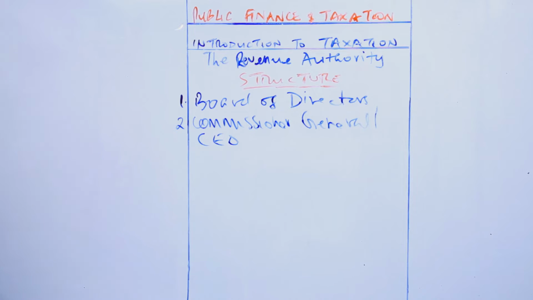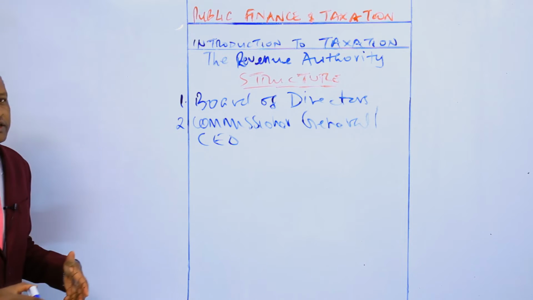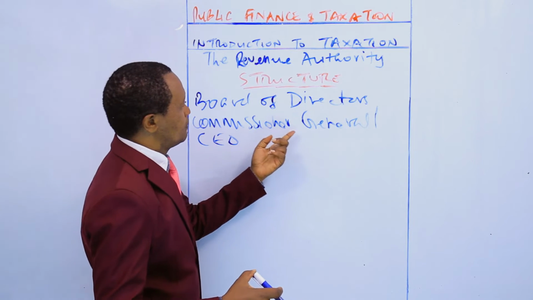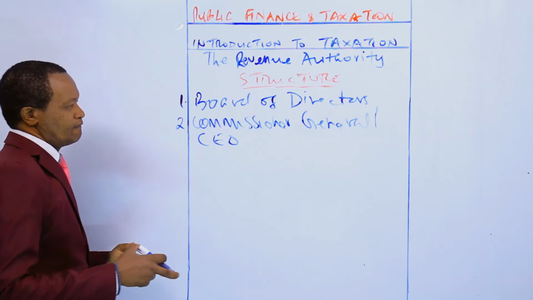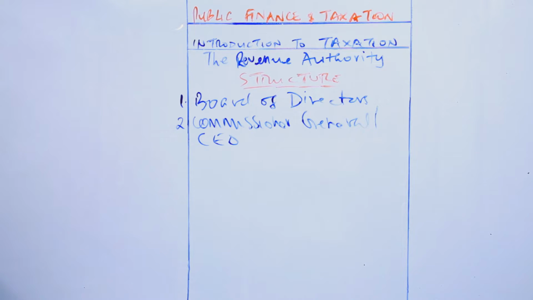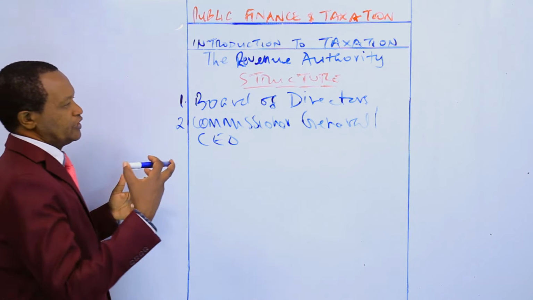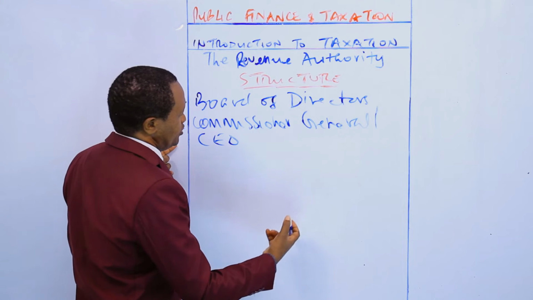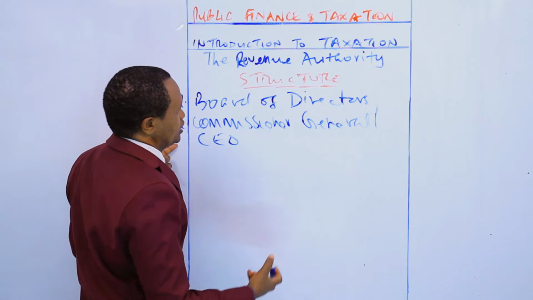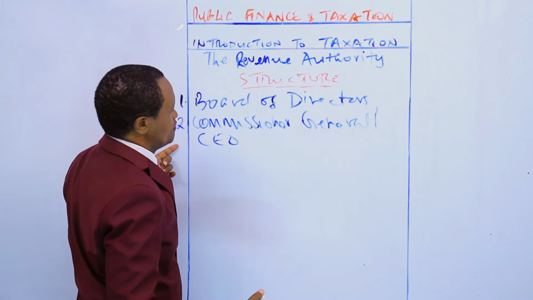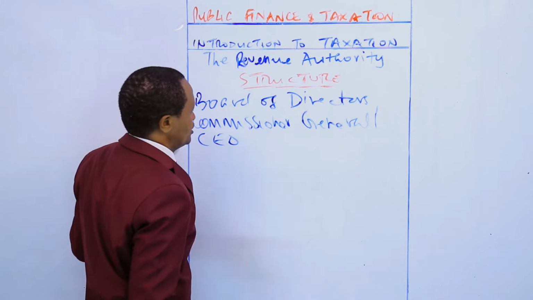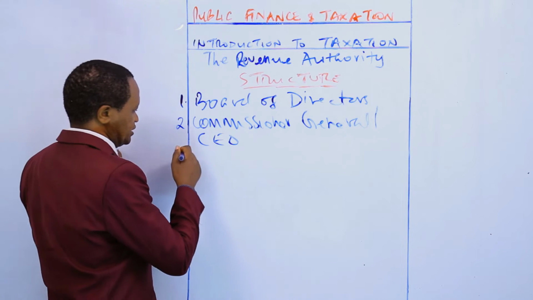The Chief Executive Officer leads the day-to-day management and operations, and the Commissioner General reports to the Board of Directors and also to the Cabinet Secretary responsible for finance.